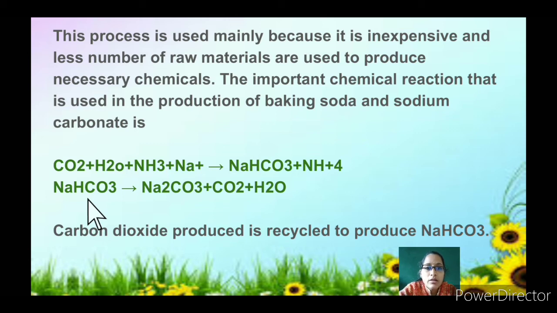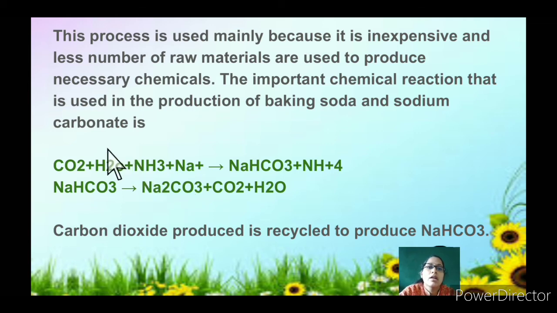Sodium bicarbonate here is again used to form sodium carbonate, carbon dioxide and water. So you can see this product, sodium hydrogen carbonate, is again used to produce sodium carbonate, Na2CO3, and carbon dioxide and water are released. The carbon dioxide produced here is recycled to produce sodium hydrogen carbonate again. See, it's a recycling process.